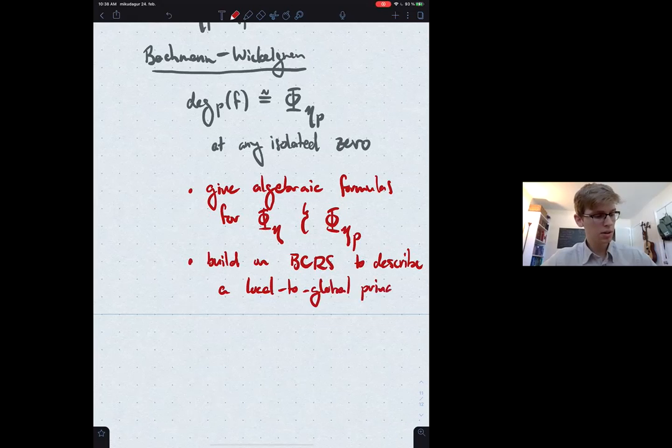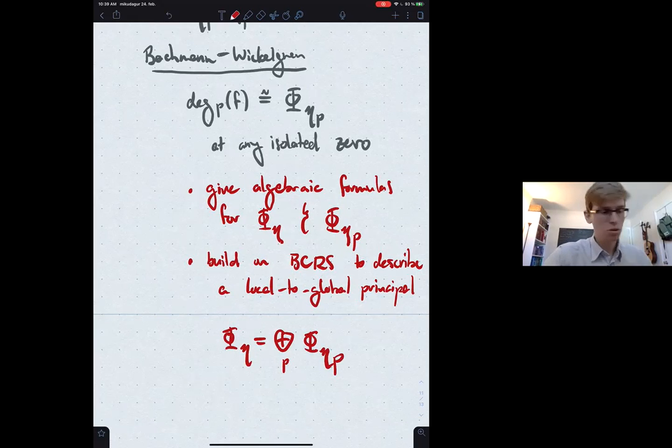And really what the local to global principle does is it just tells you that the global Scheja-Storch bilinear form coming from eta is a direct sum over all the maximal ideals of Q of these local guys.